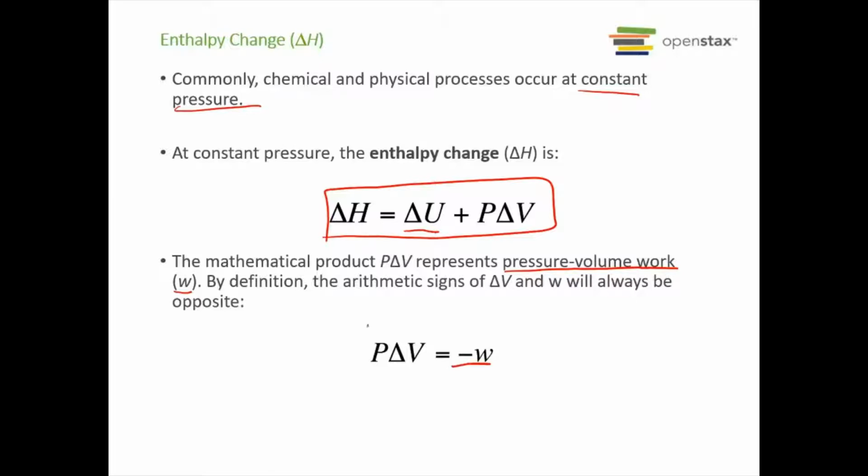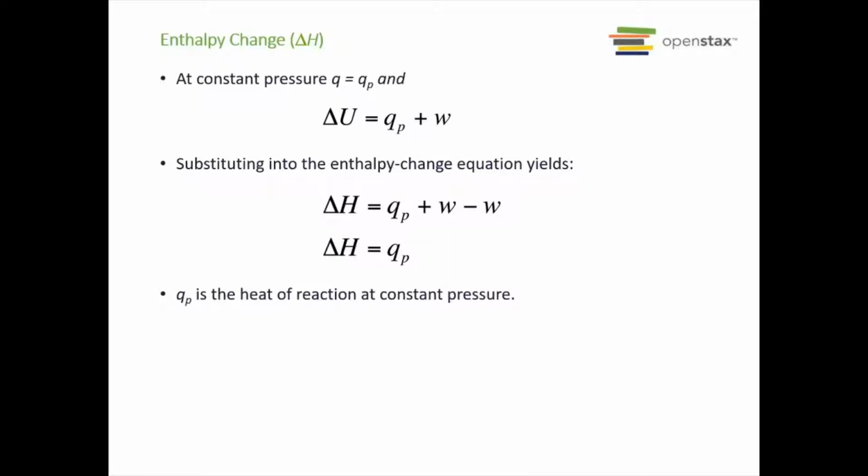So this is another equation. I believe you actually need this equation in one of your homework problems. When we are at constant pressure, our heat we call QP for constant pressure. Okay, and like we said, remember negative work is equal to P delta V. And so then we can do some substitution.